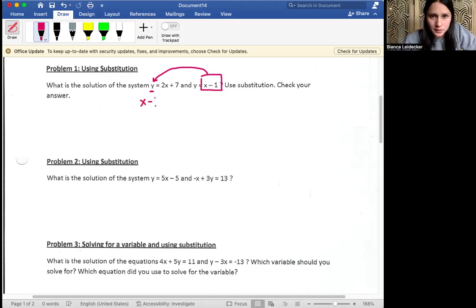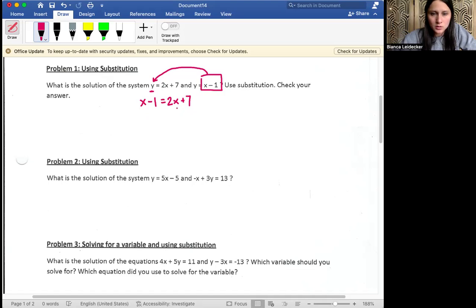So here it goes. x minus 1 equals 2x plus 7. This way, I can solve for x because I only have one variable, which is x. I'm going to do this algebraically.